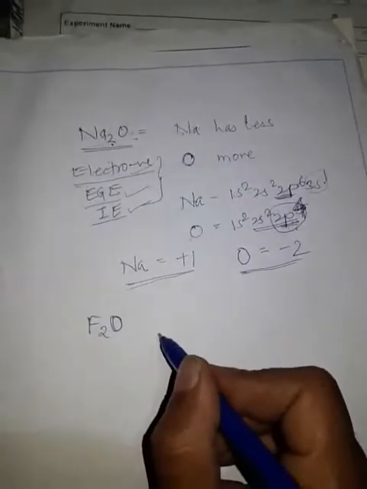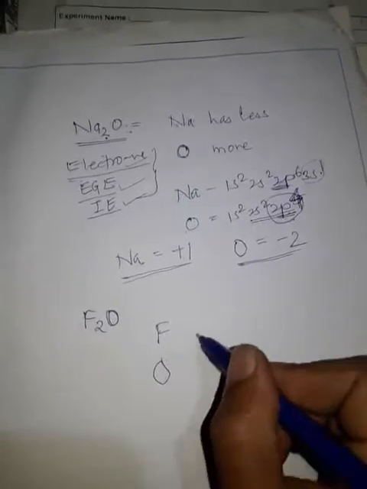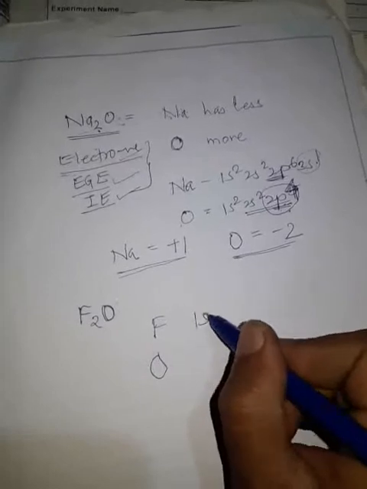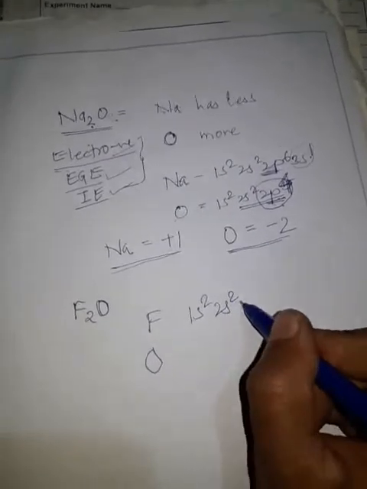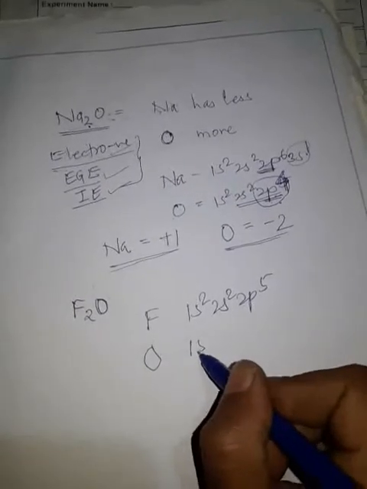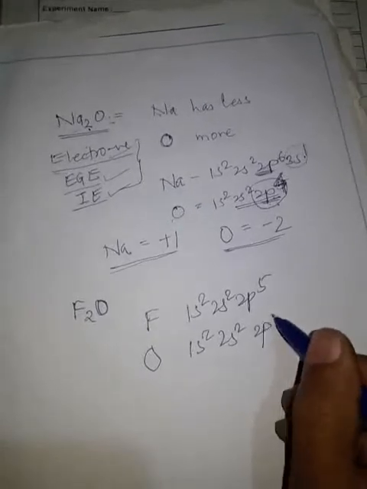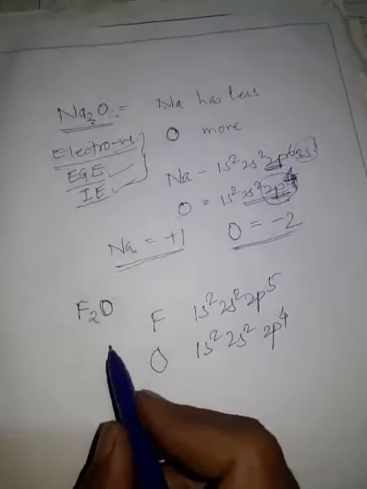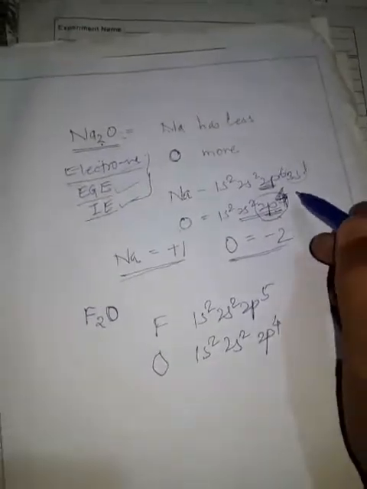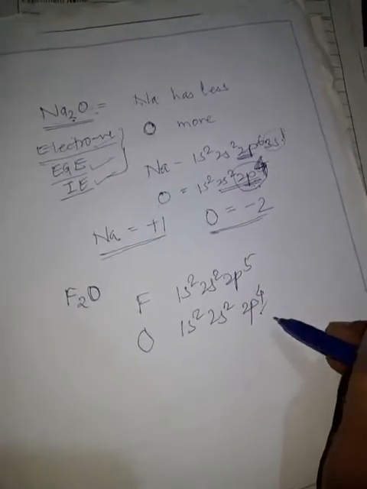Now here it is fluorine and oxygen. The electronic configuration of fluorine is 1s2 2s2 2p5, and the electronic configuration of oxygen is 1s2 2s2 2p4. Now here oxygen requires 2 electrons to become stable.